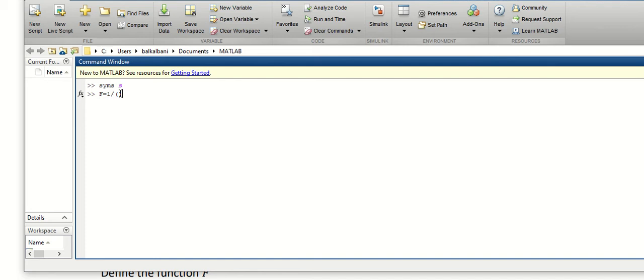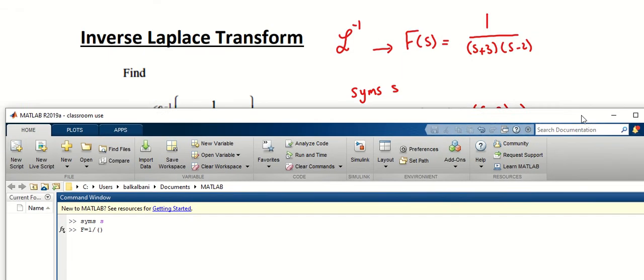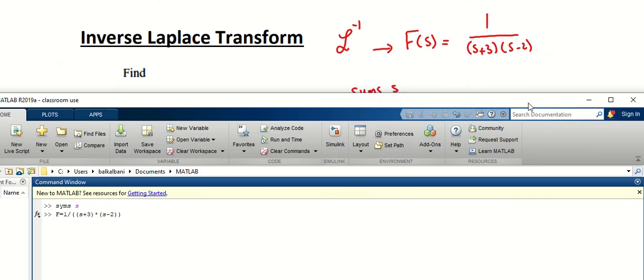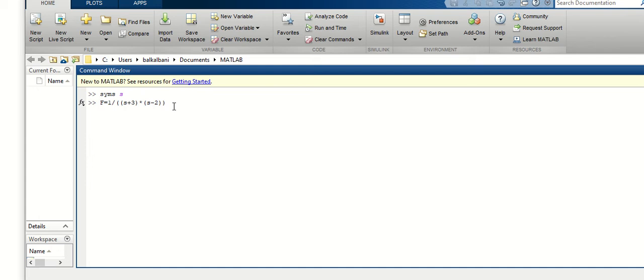Also the numerator should be in a bracket, but for this one there is no need because we have only 1. Okay, then we have S plus 3 in brackets, multiplied by S minus 2 in brackets. Okay, enter.